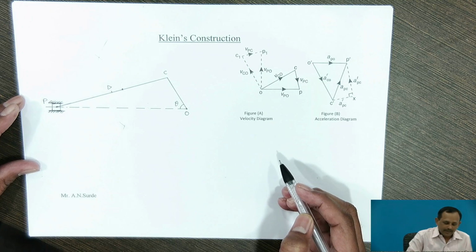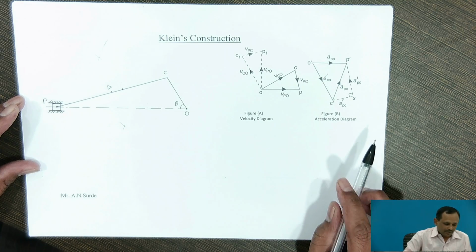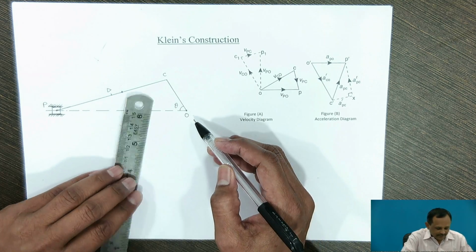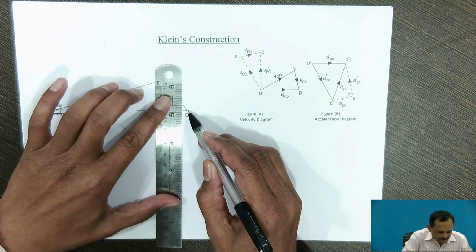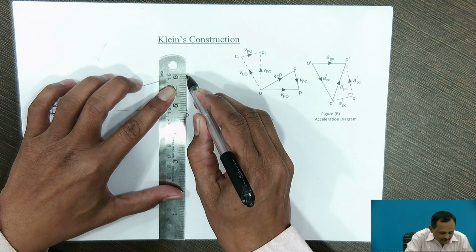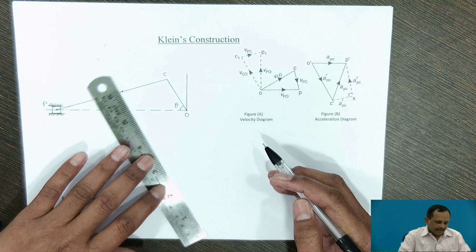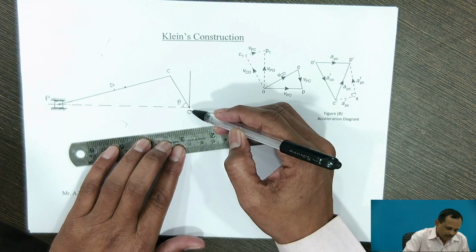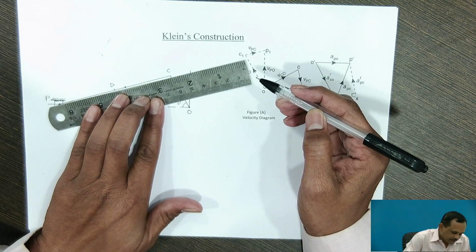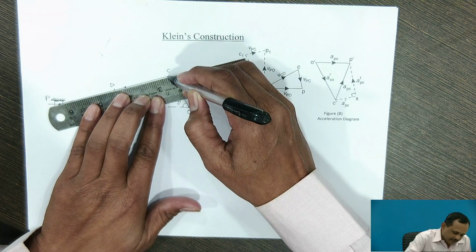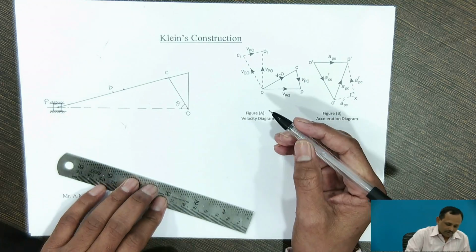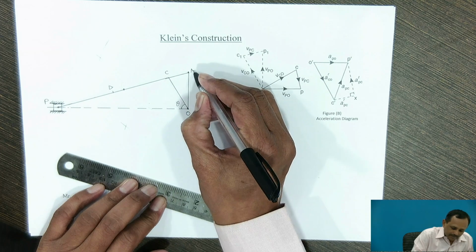With the help of Klein's construction, first of all, draw a perpendicular to OP from O, and then produce the connecting rod PC in such a way that it will intersect the perpendicular drawn through point O at point M.